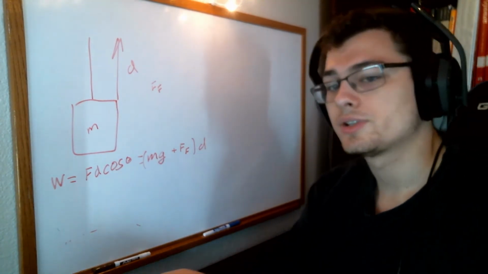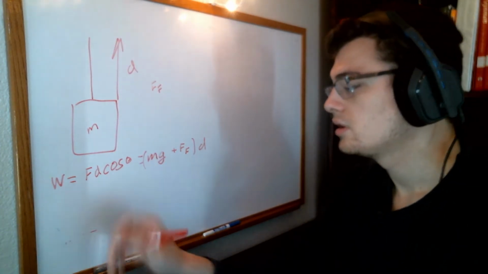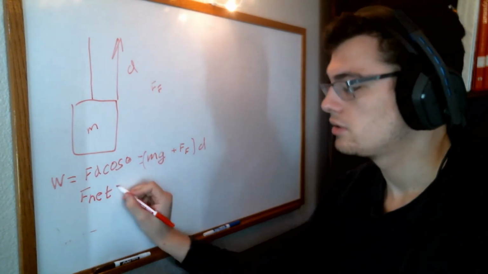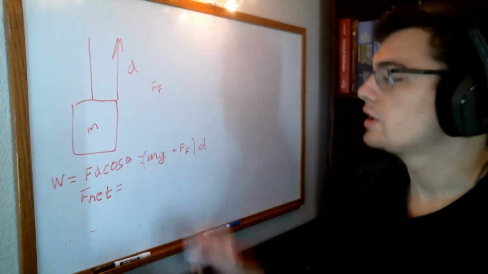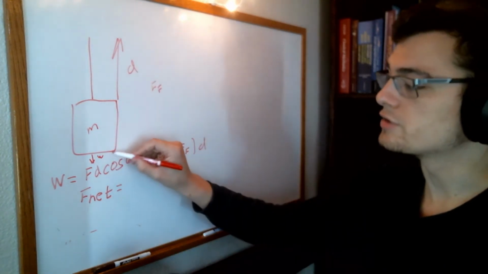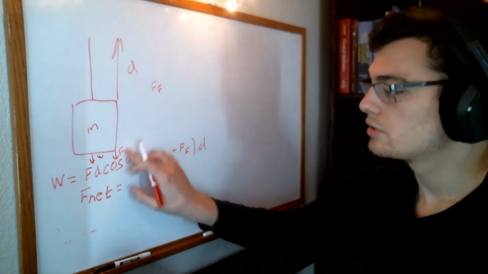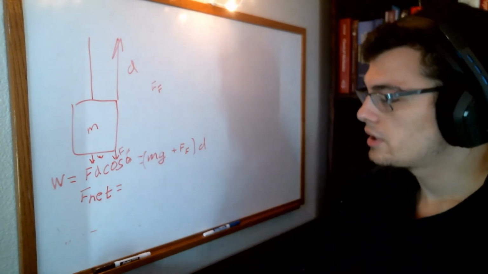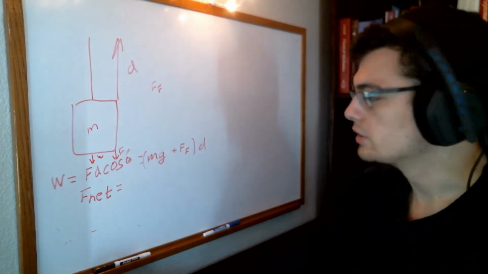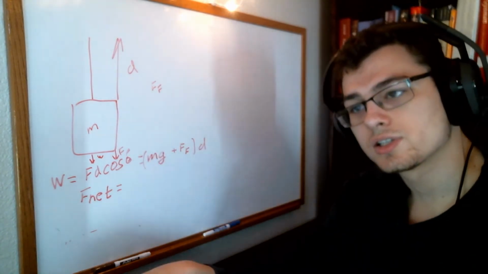So in order to do this, F in this case is going to be F net. On our free body diagram, we would say, all right, weight is downwards, and since the elevator is moving up, there is a force of friction also downwards. And so both of those are in the same direction. And so the work done is just going to be those two quantities added together times the distance that they are applied over.